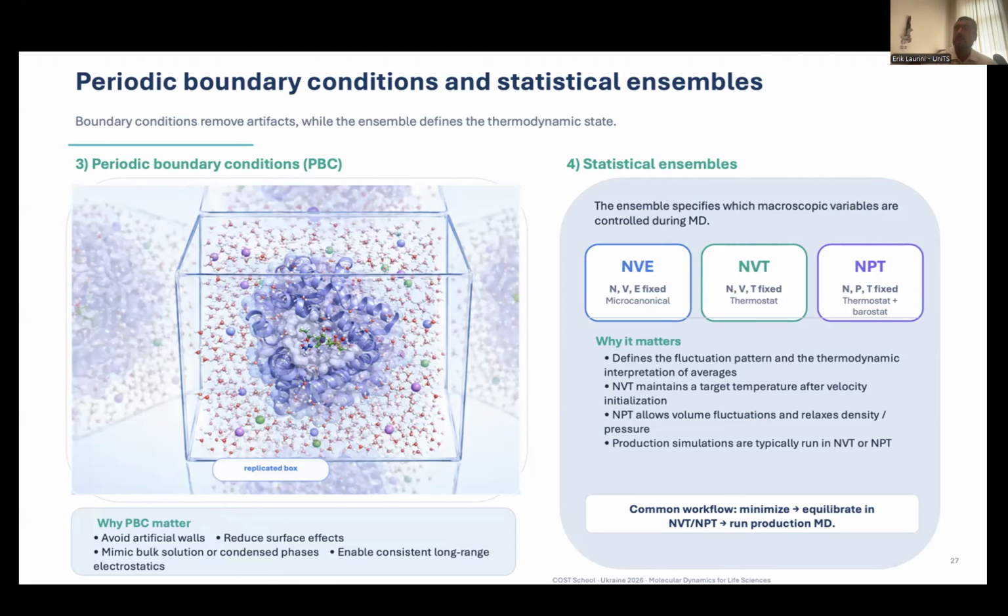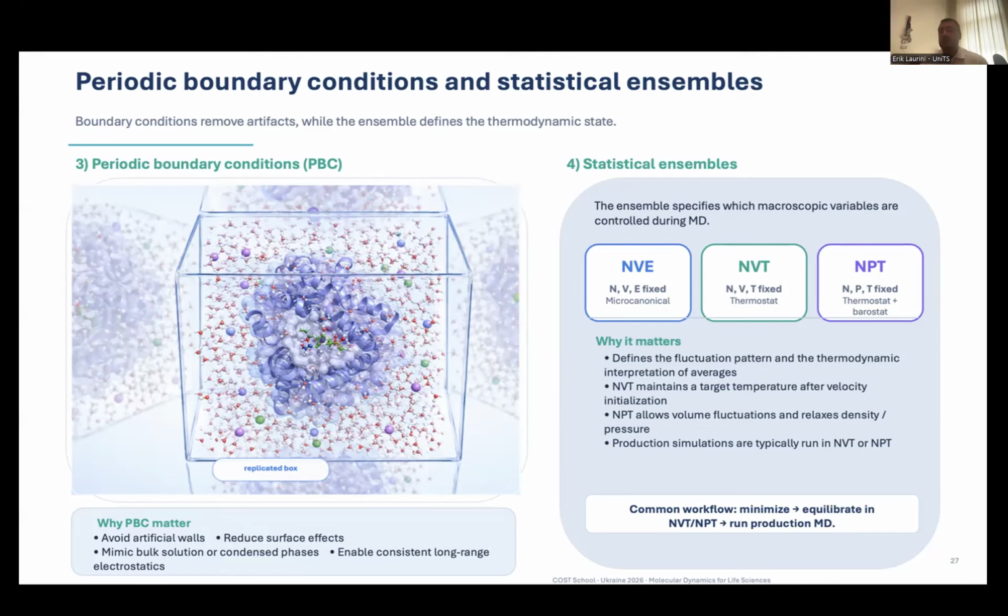And finally, if you want to retrieve some important information about your molecular dynamics, you have to define a statistical ensemble that gives the thermodynamical description of your molecular system. You have to fix some physical parameters.